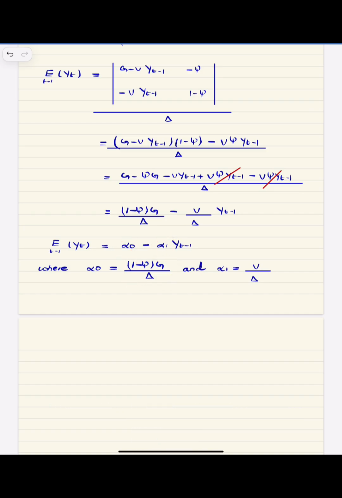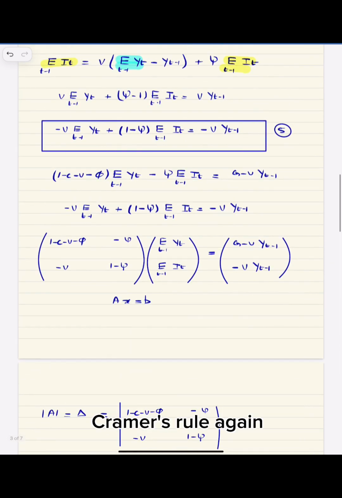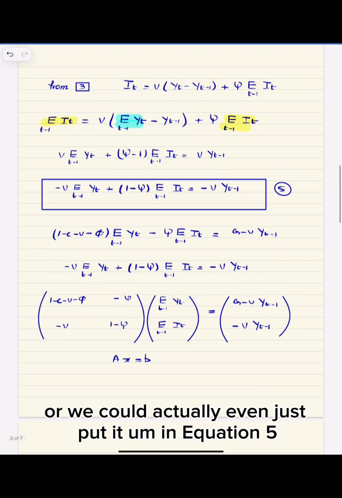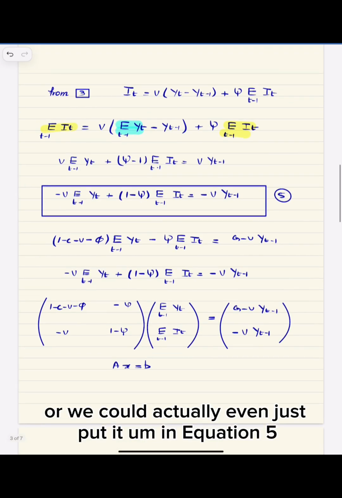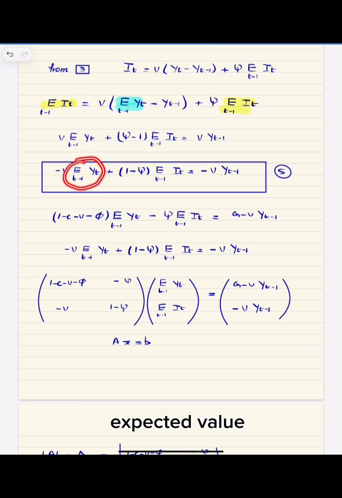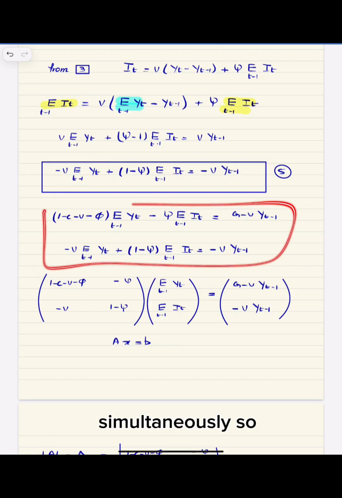Okay, now we can either use Cramer's rule again to find the expected value of investment, or we could even just put it in equation 5. I can put the value that I've already found for expected income, because I am technically solving these two equations simultaneously.